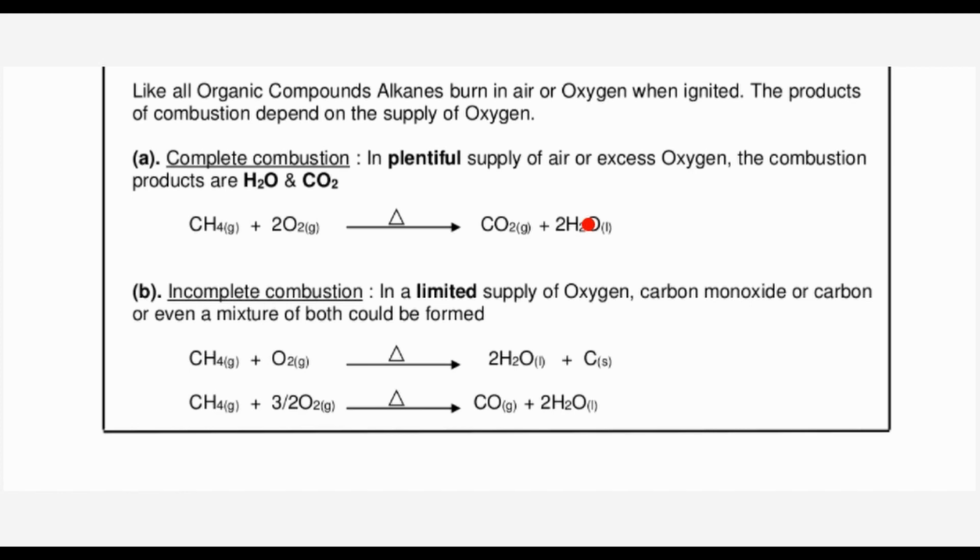With slightly more oxygen, carbon monoxide, and with an excess or plentiful supply of oxygen, carbon dioxide plus water. So remember, complete combustion releases carbon dioxide, and it also releases more energy, right? As for incomplete combustion, it only releases a limited amount of energy.